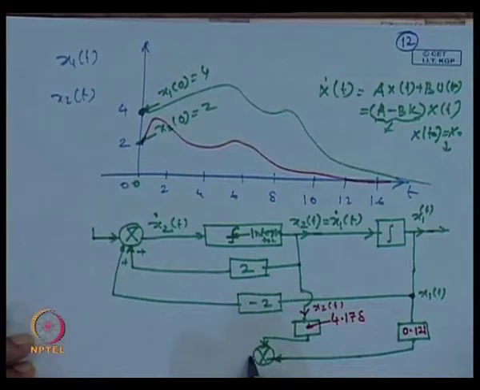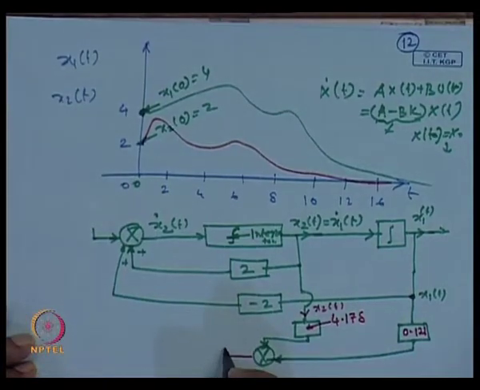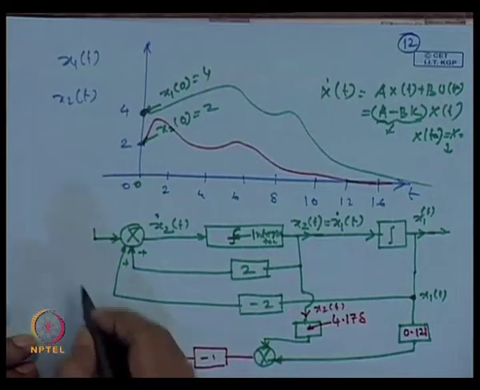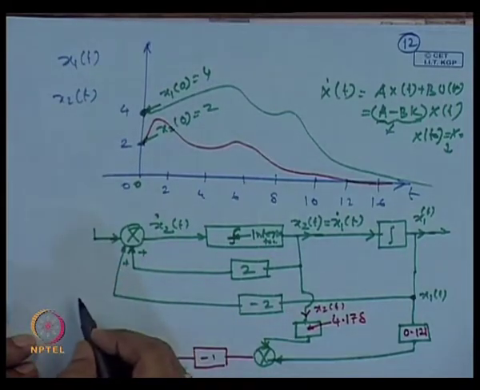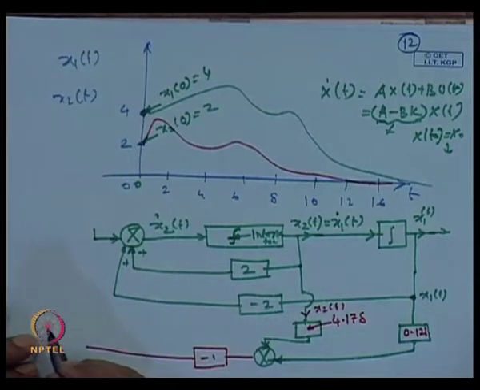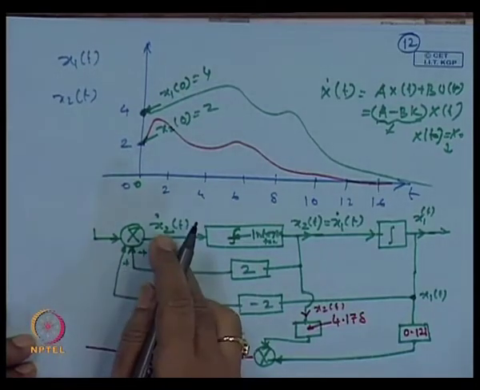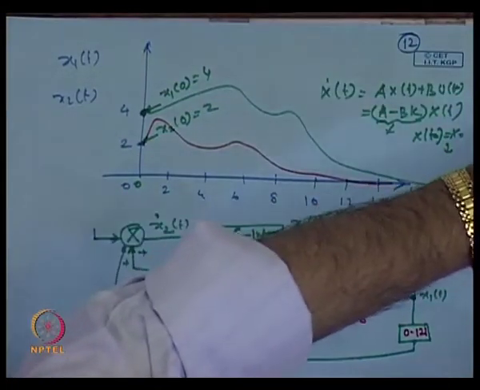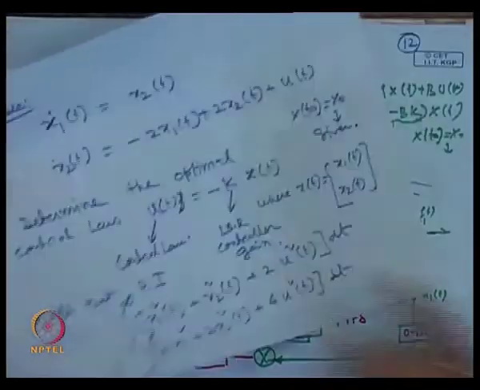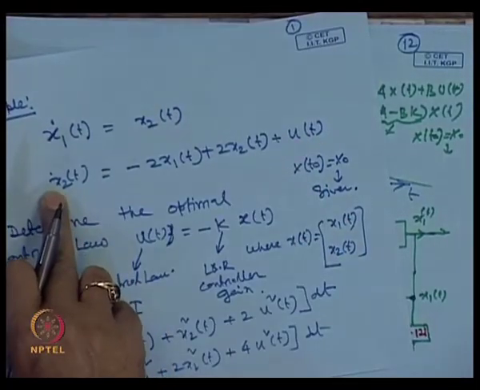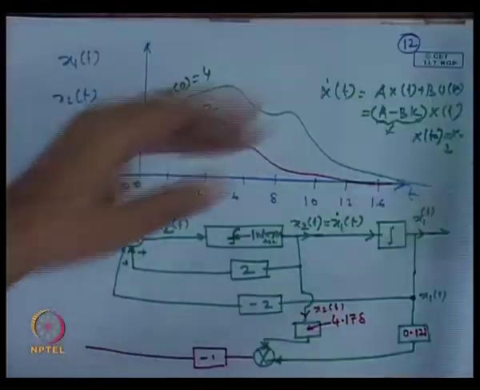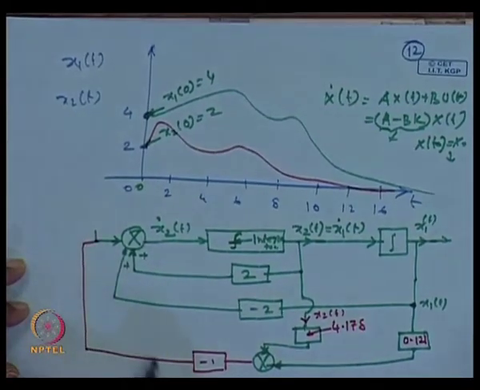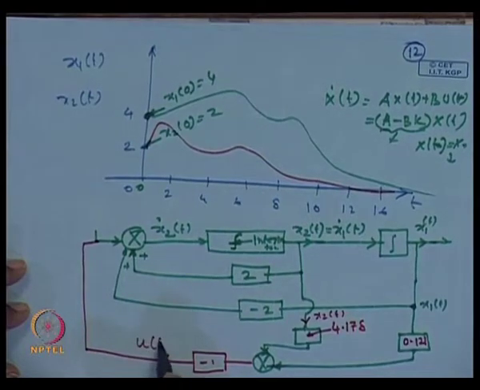So, these two signals are multiplied, and then it is minus K x, and this is multiplied by your B u. You see the dynamics: u is coming only in the second state, that makes the x 2 dot expression. So, this directly I can write, this is nothing but our u of t.